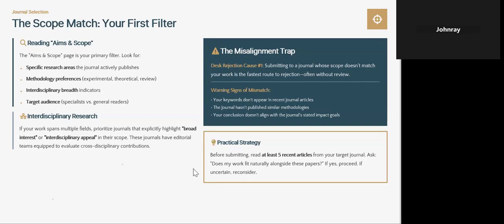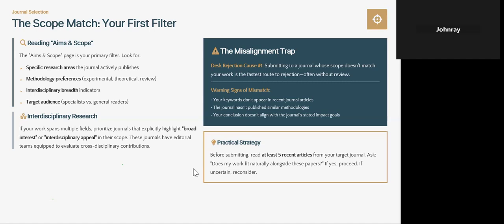And if that happens, you must also look at the methodology preferences. Some journals are very specific on the kind of methods they want to receive in their journal. So you must check all those things out first to see if your paper is aligned with that before you start. Some of them too are interdisciplinary, so they have indicators where they can accept a broad range of papers.